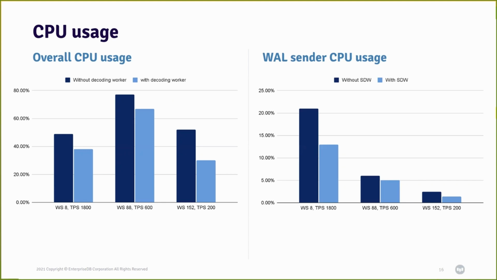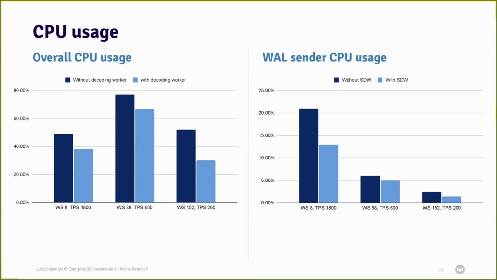We ran experiments with 3 setups: 8 WAL senders, 88 WAL senders, and 152 WAL senders. And with each of these, we ran a different TPS. So with 8 WAL senders, we ran with 1800 TPS.